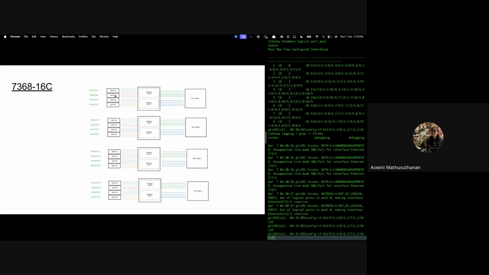QSFP 28 and 56 is a pair, and ET 2/1/1 and 2/2/1 share these hardware resources. This pair will have hardware resources shared, and they map to the same core, which is the Babbage core on the line card, and this in turn gets mapped to the Pi core.